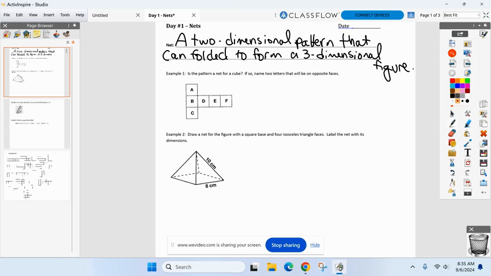So when I open this up, and if I had you draw a net, how many squares would you have to draw then? 6, right? So let's jot that down right now. The number of faces on a figure has to equal the number of shapes on the net.